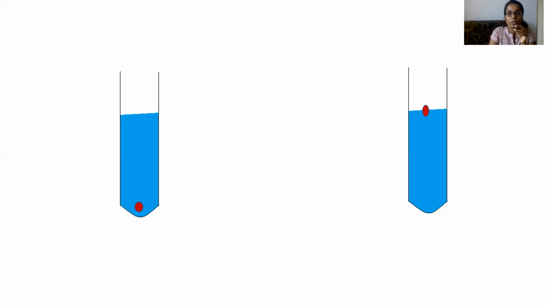Okay. So these are the 2 types of results that could be obtained after the procedure. The first tube indicates normal hemoglobin concentration. The second tube indicates reduced hemoglobin concentration. That's why the drop of blood is floating over the surface of copper sulfate.